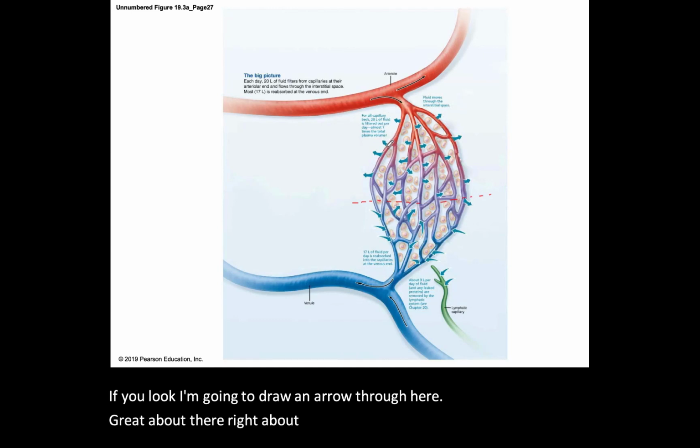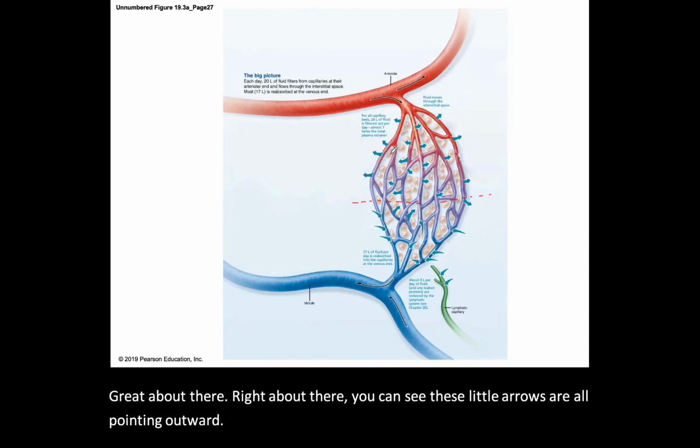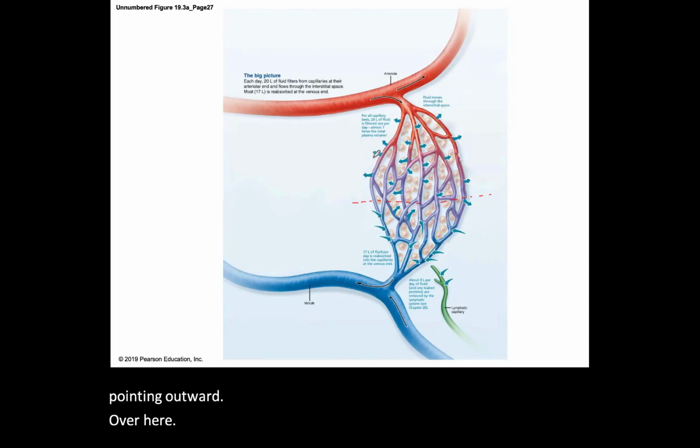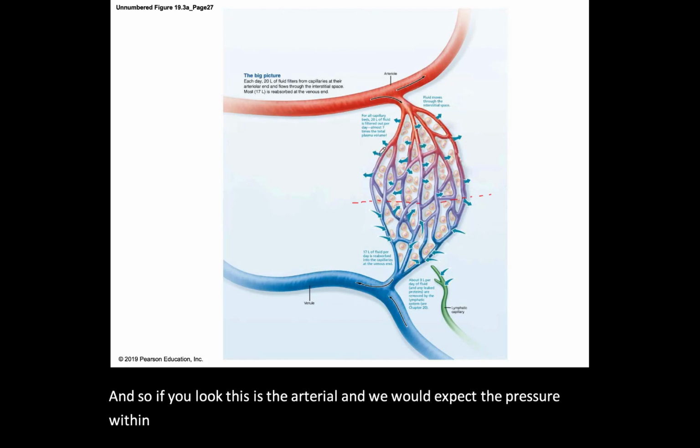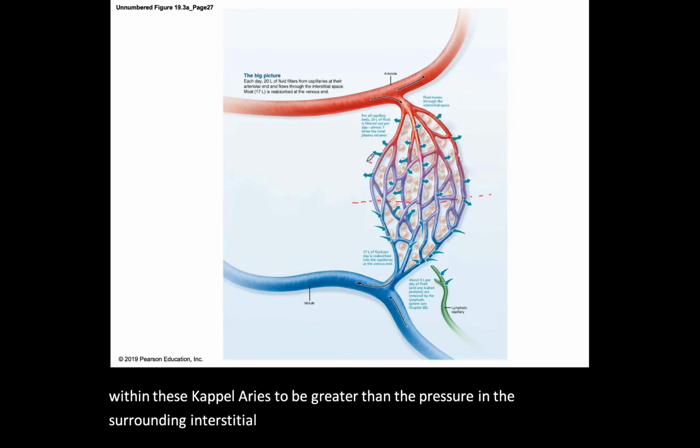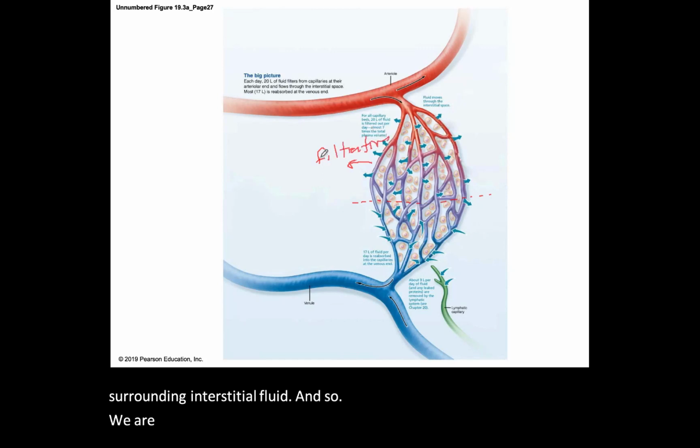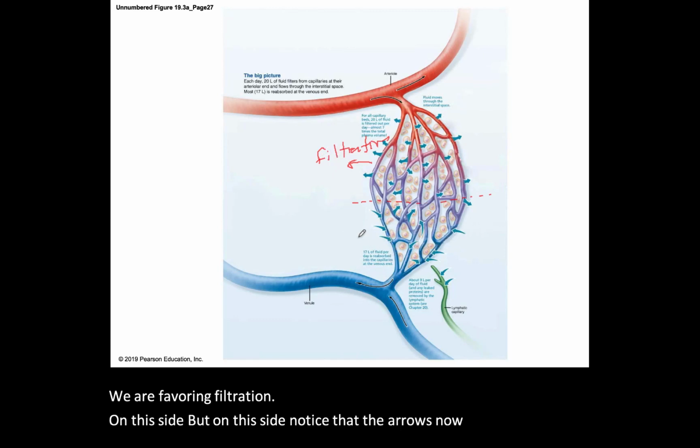You can see these little arrows are all pointing outward over here. And so if you look, this is the arterial end. We would expect the pressure within these capillaries to be greater than the pressure in the surrounding interstitial fluid. And so we are favoring filtration on this side.